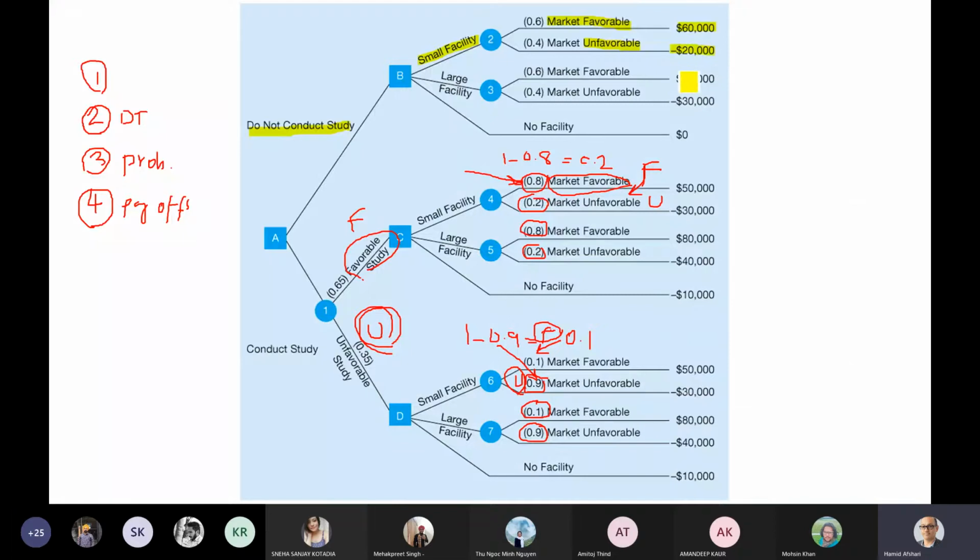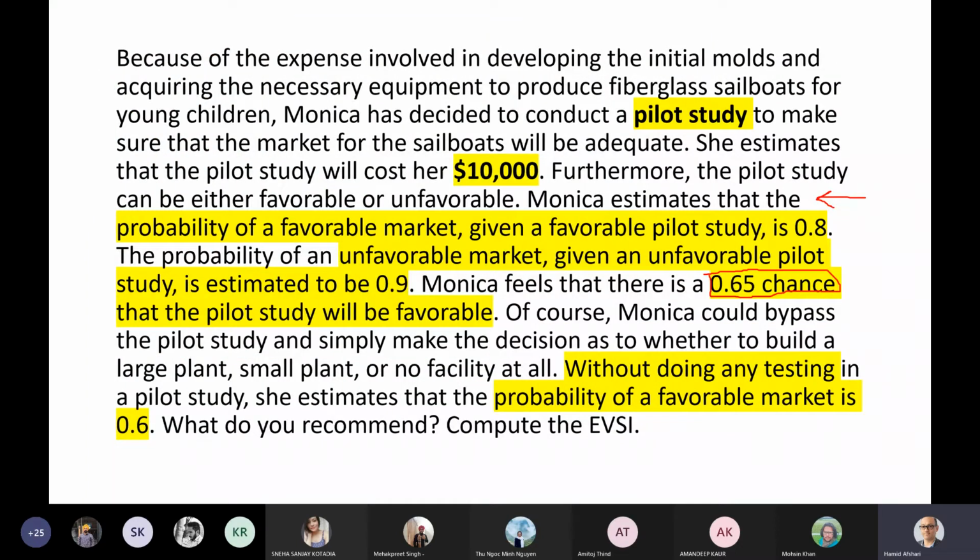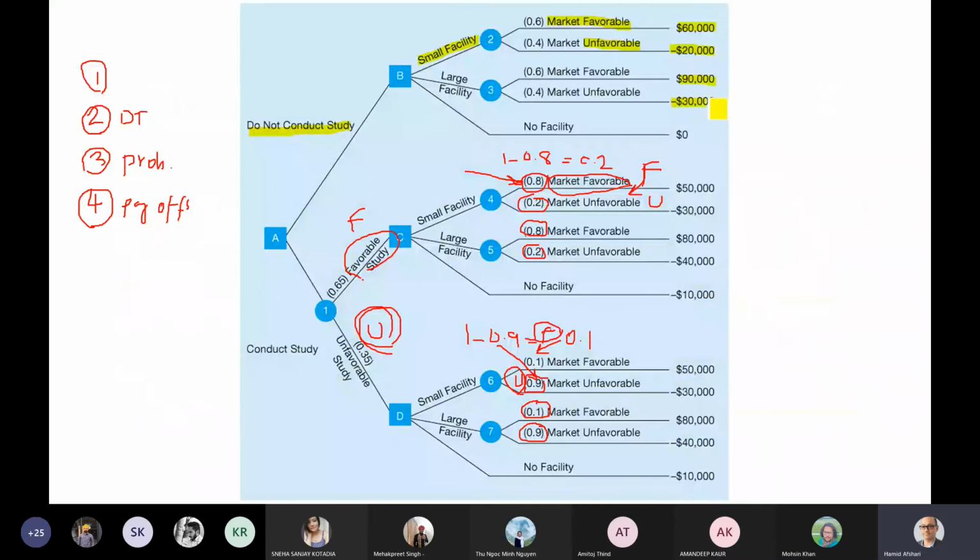If the market is favorable and the facility is large, it'd be 90,000 and the other one is minus 30,000. So 90,000 and minus 30,000. And definitely here is 0. Okay, so I am done with this part, which is the case of not performing any pilot study.